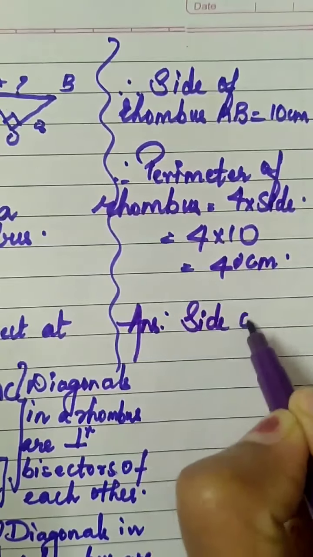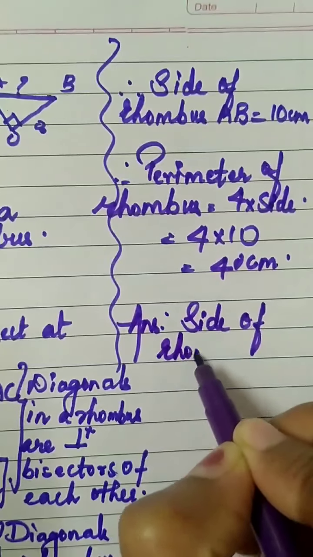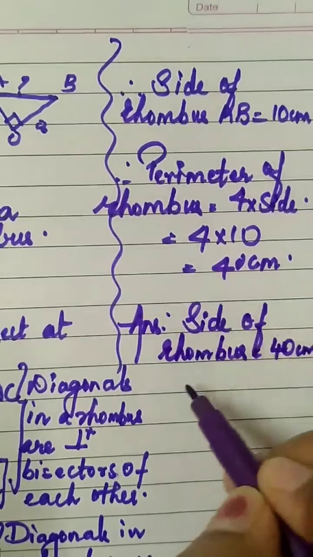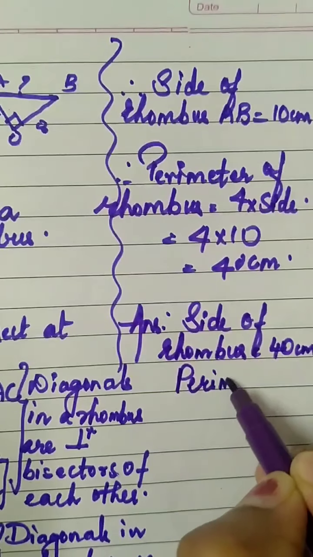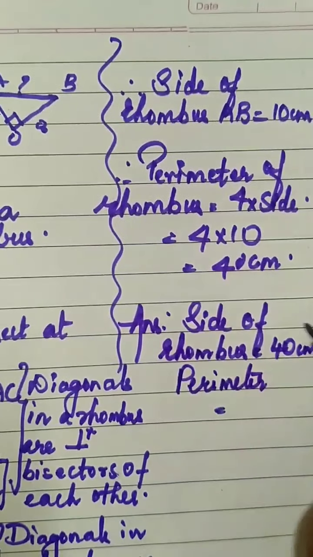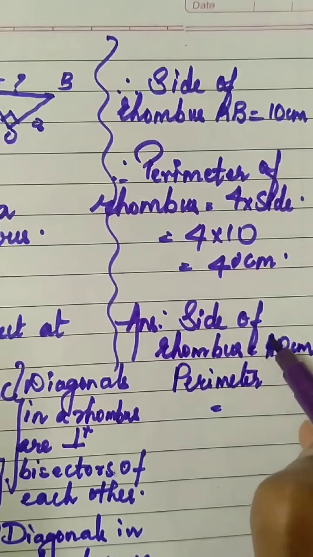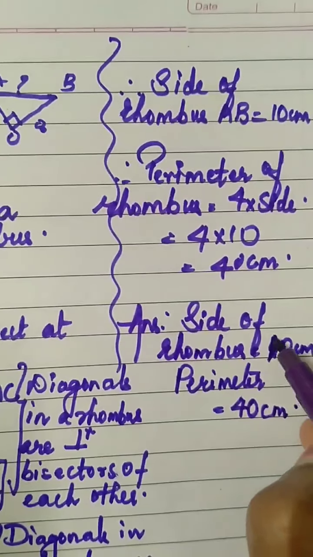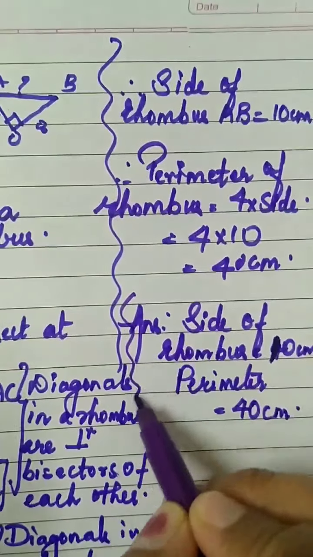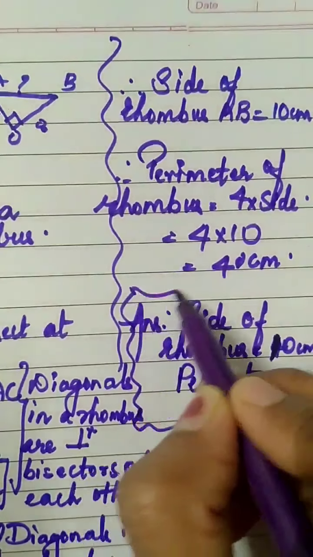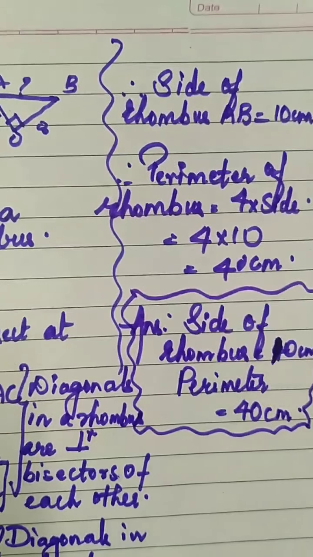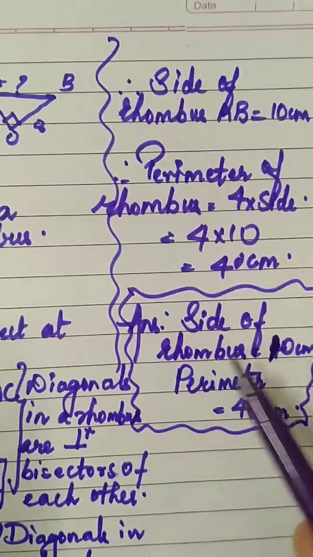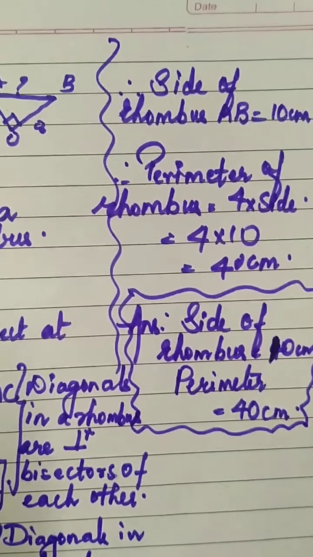Side of rhombus is equal to 10 centimeter. Perimeter is equal to 40 centimeter. So sorry, this is 10. So this will be the final answer. Highlight it and put it in a box. Side of the rhombus 10 centimeter, perimeter 40 centimeter.